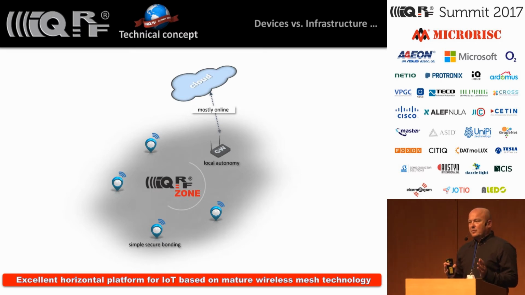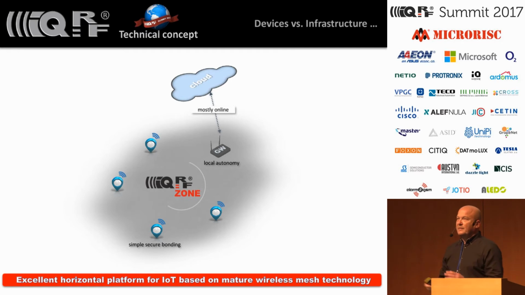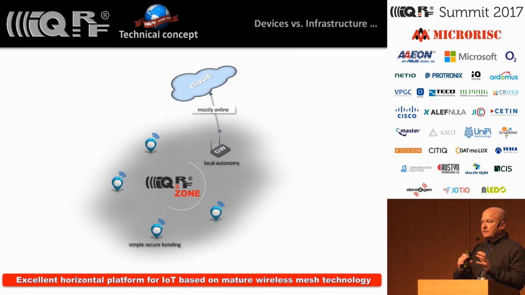It's nice, but all data should first go somewhere to the cloud. And we are complementary. Narrowband IoT can deploy IQRF and use exactly that feature, local autonomy.